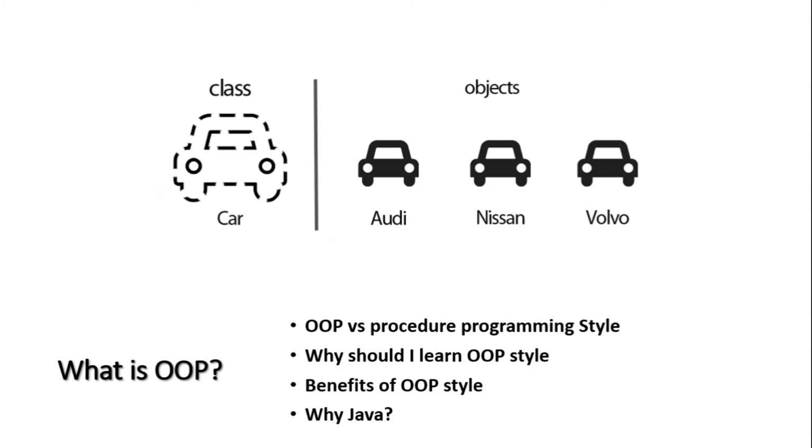So let's start with the question, what is object-oriented programming? Object-oriented programming is the other style of programming. Before it, we used to create projects and programs using what we call procedural programming.